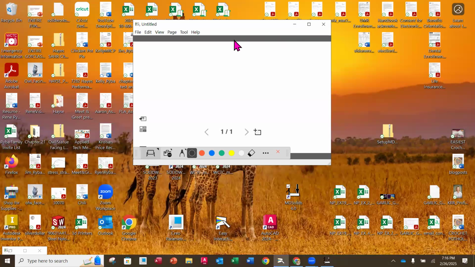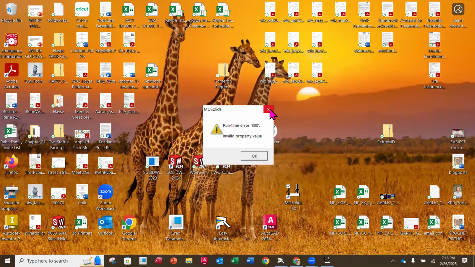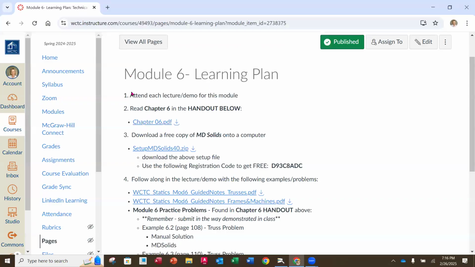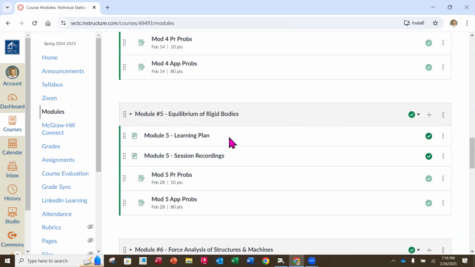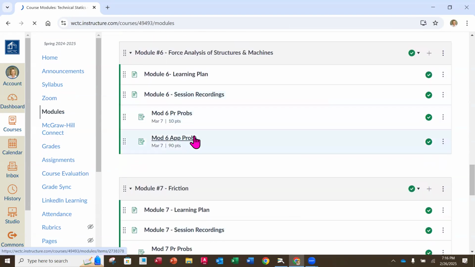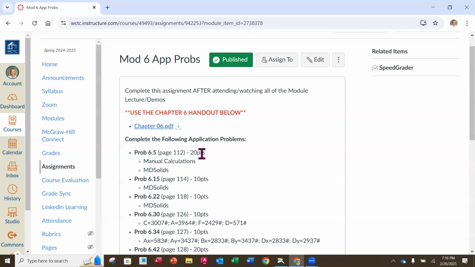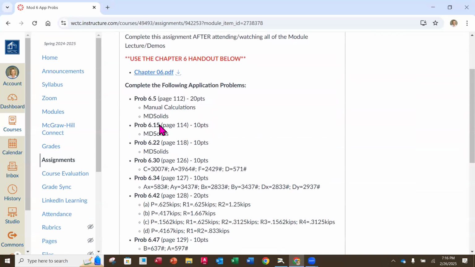I'm just going to peek at our homework here really quickly, and then we'll take a break. So if I go to the Module 6 application problems, this is what you're going to be handing in for the homework. You'll notice that for problem 6.5, you need to do the manual calculations. So the stuff that we just went through on example 6.2, you're going to create all of that: the manual calculations for each one of the joints.